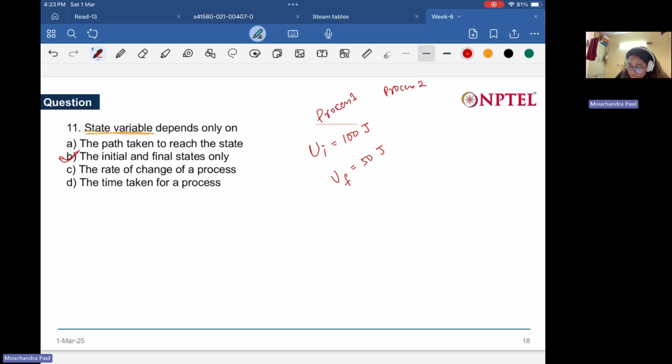Now, for process two, the initial state contains internal energy of 50 joules, but process two somehow increases the internal energy of the system to 100 joules. So what's the net change in the internal energy for the system?